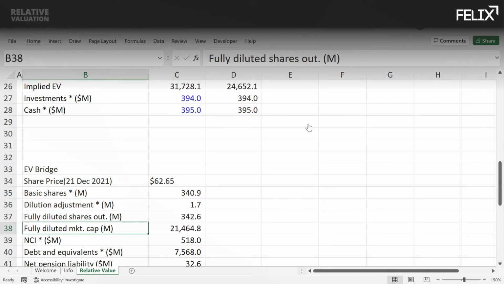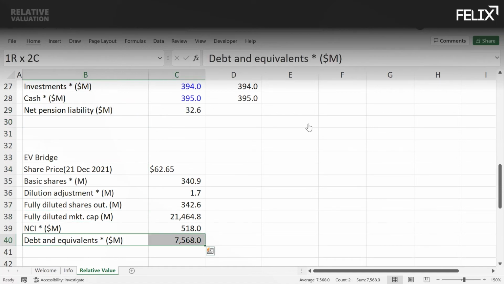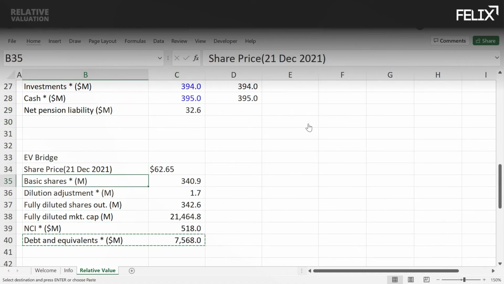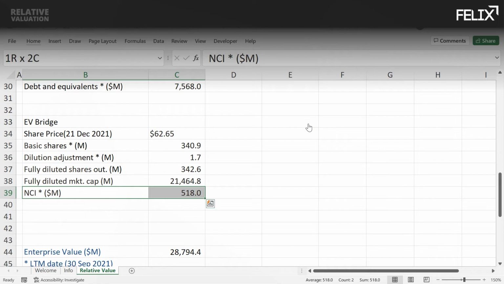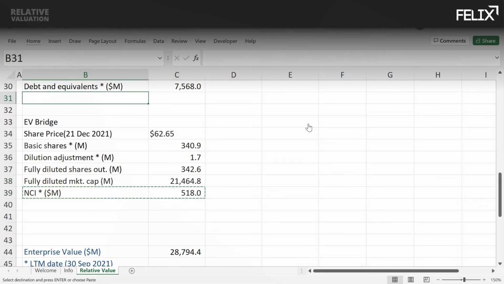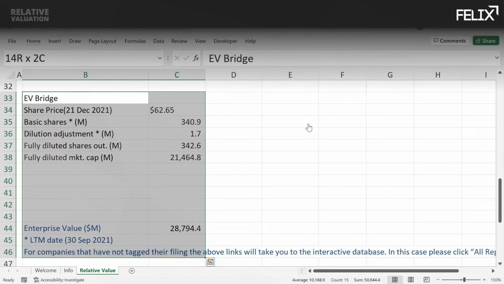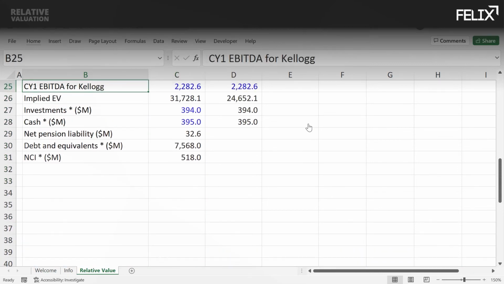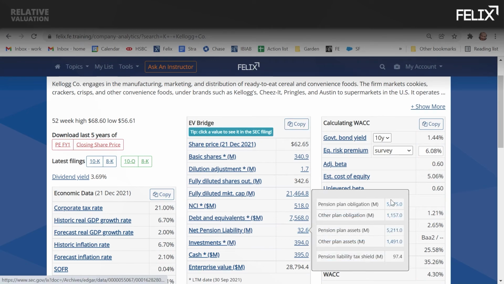And then what we need to do is subtract the net pension liability, subtract the debt, and if you want to find where these numbers are coming from, the nice thing about Felix is you can just click through in the number. For example, if you wanted to find out where the net pension liability is being calculated from, if I go back to Felix, I can just click here and you can see all the numbers are here.